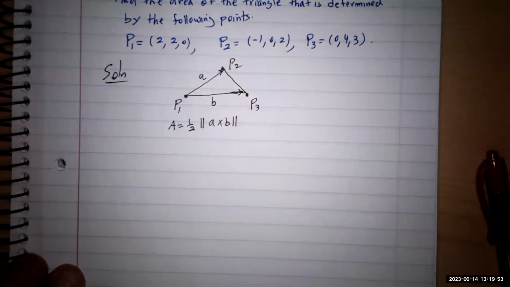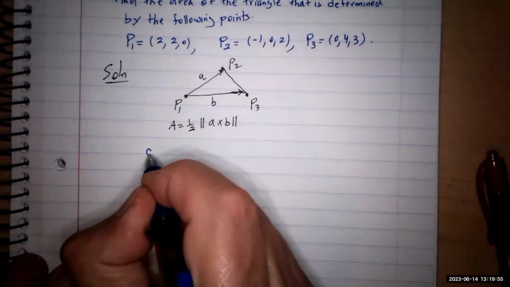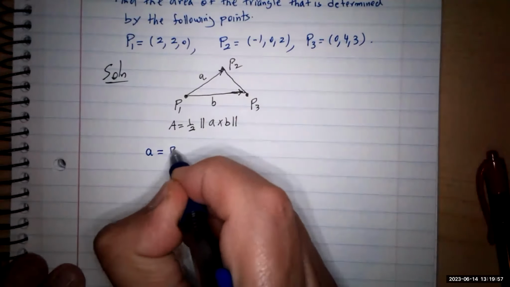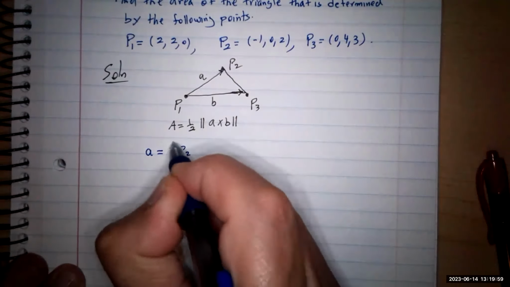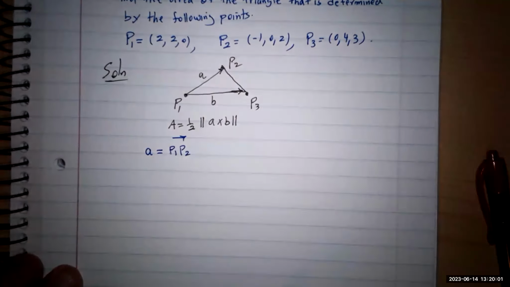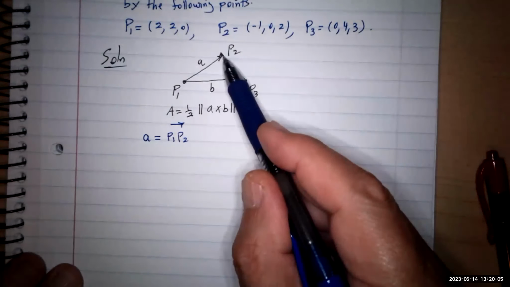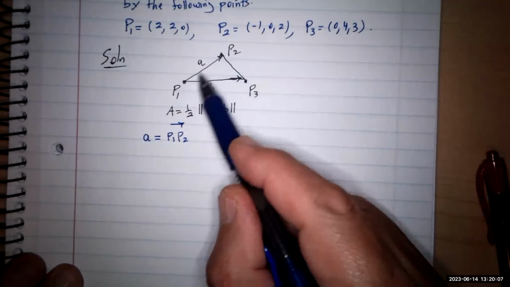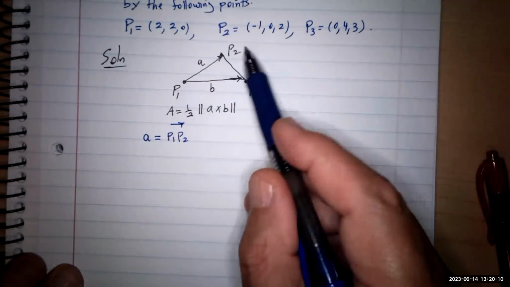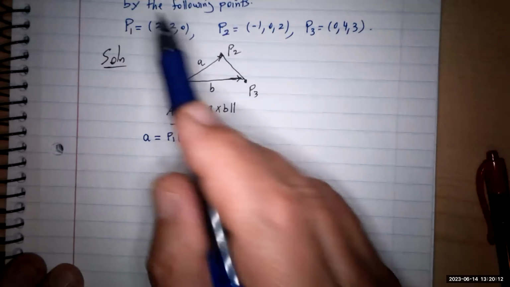The vector A is this vector, P1 P2. Remember the initial point is P1 and the terminal point is P2. In order to get the component form, we subtract P2 minus P1.